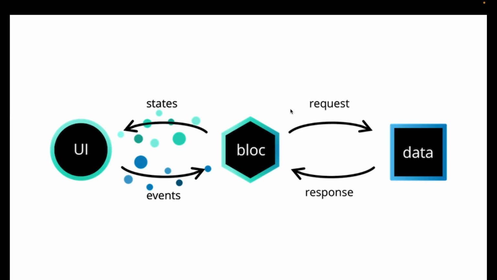In our tutorial we will use Bloc for state management. So what is Bloc? Bloc is a state management library. It manages the state of the whole application. You may ask yourself, what is state?